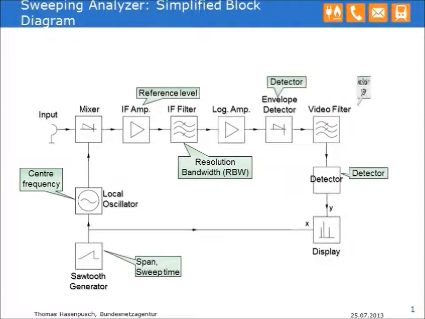Unfortunately, I seem not to have the latest version of this presentation on the stick. But those are the different stages where we can adjust the different parameters of the spectrum analyzer.